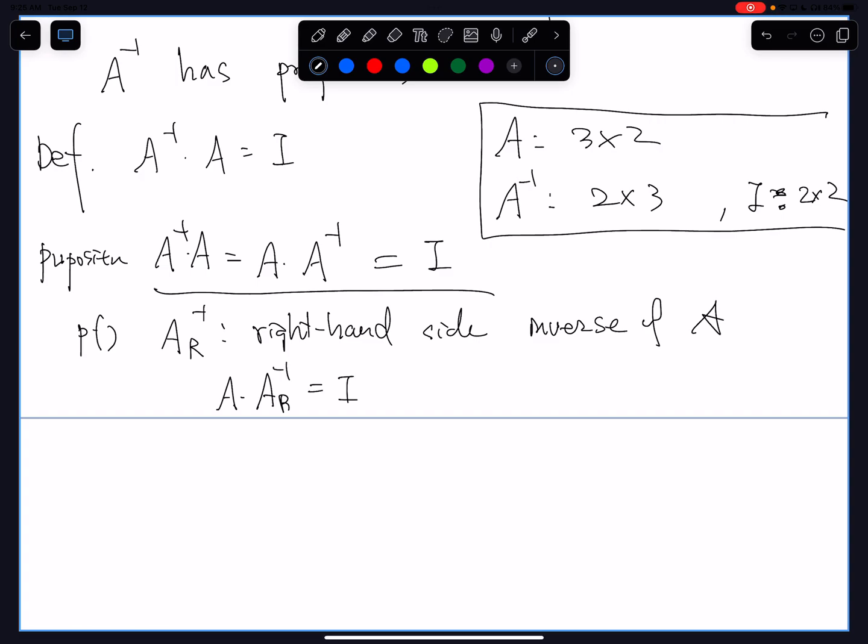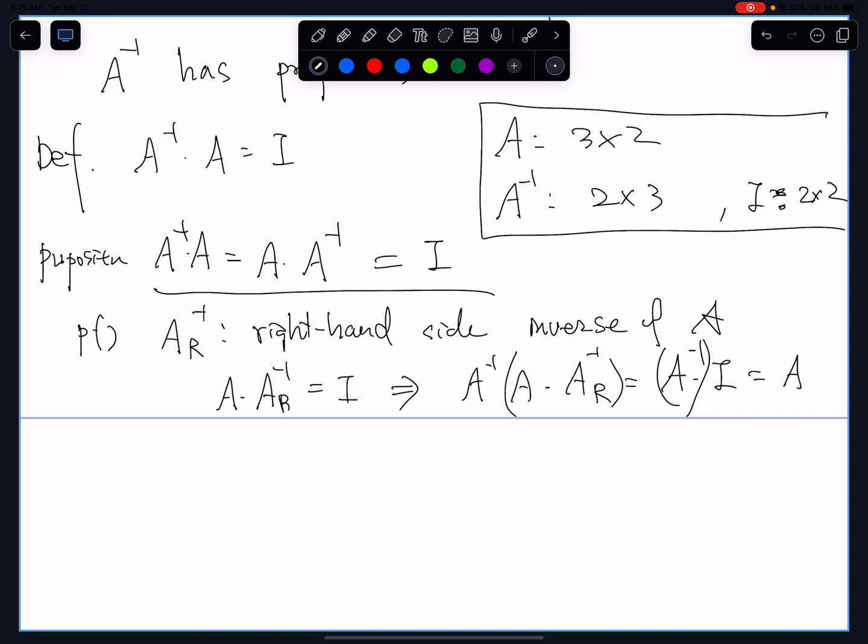So you multiply A inverse on the left-hand side of the equation, okay?